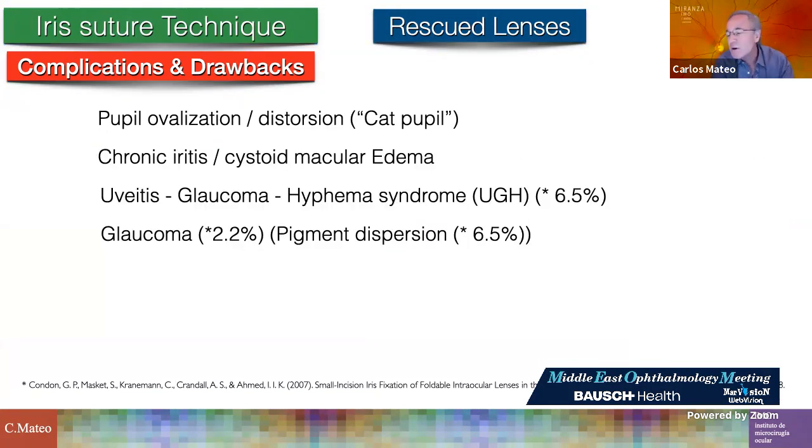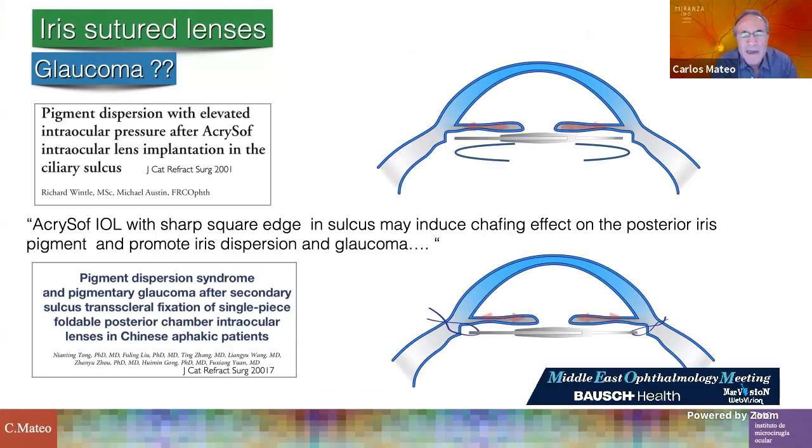But there are other complications that have been described: chronic iritis, cystoid macular edema, but this is pretty similar to other techniques, uveitis, glaucoma, hyphema syndrome, glaucoma because of the pigment dispersion. Let me tell you one thing, perhaps the data on pigmentary dispersion comes from old series when you had a problem and then you left these lenses, actually soft lenses, in the sulcus, moving free, and then they may induce a chafing effect on the posterior iris pigment and promote pigment dispersion and glaucoma.